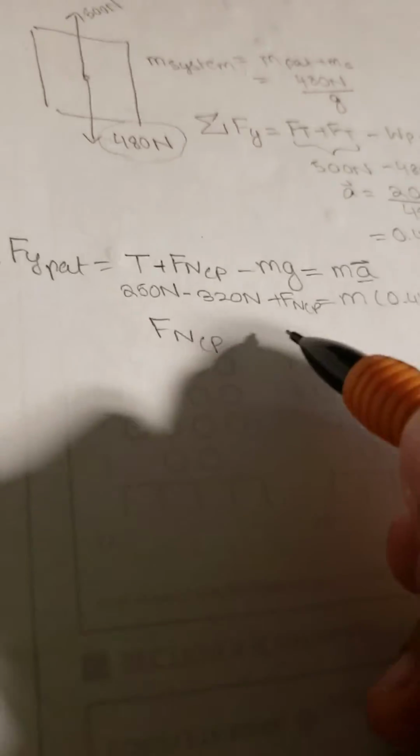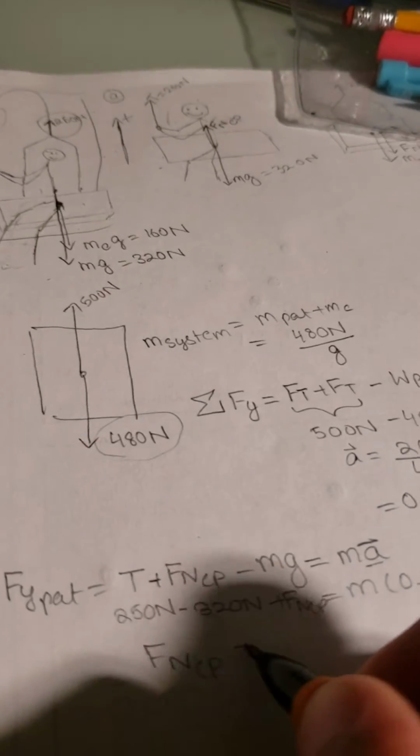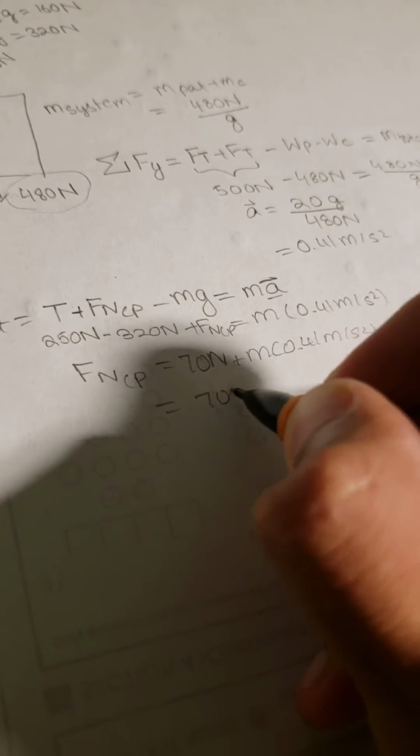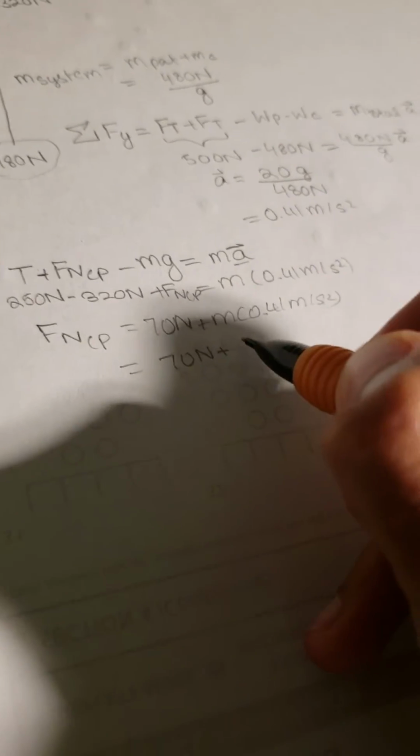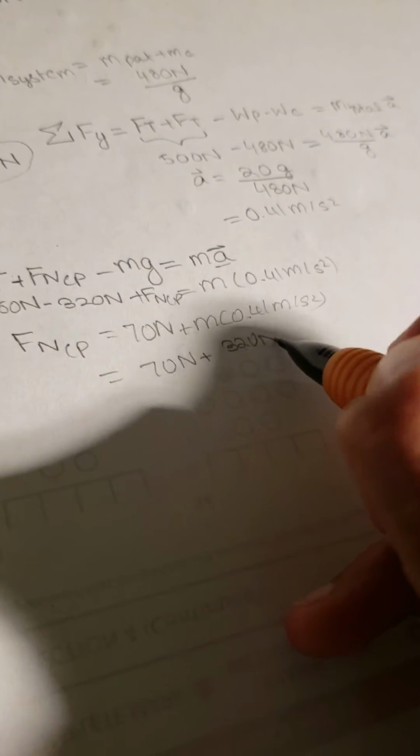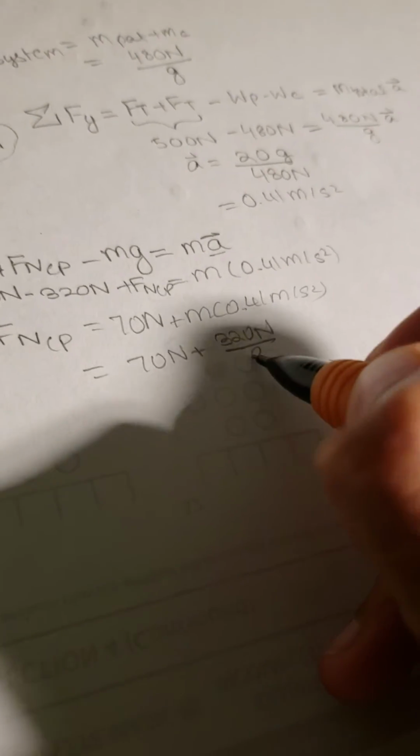So if we rearrange the equation for normal force, we get that it's equal to 70 newtons plus mass times the acceleration. Now to find the mass, all we need to do is take his weight and divide it by gravity, right? Because weight is just mass times gravity.